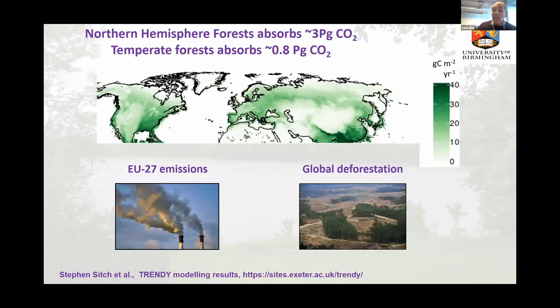And amongst the land carbon pools, northern hemisphere forests absorb 3 petagrams of carbon dioxide, and within those forests, temperate forests absorb almost 1 petagram of carbon into biomass and eventually the soil carbon stock.